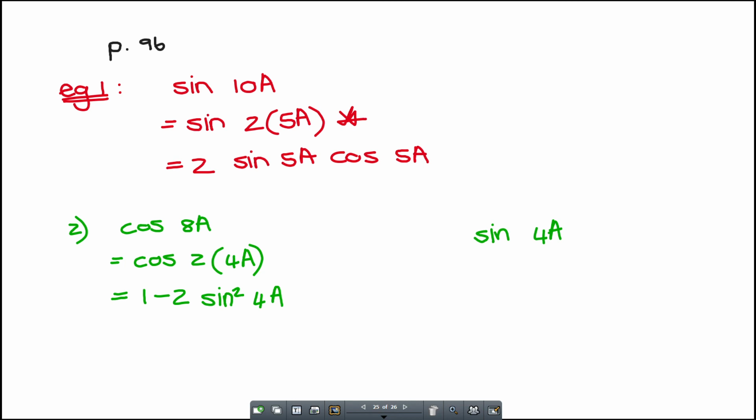Ja. Jy kon selfs. Why did I not use the cos squared theta minus sine squared theta? Want daar was nog 'n cos ook by, nee. Okay. Ja. Yes. Want hulle sê vir jou in terme van dit.